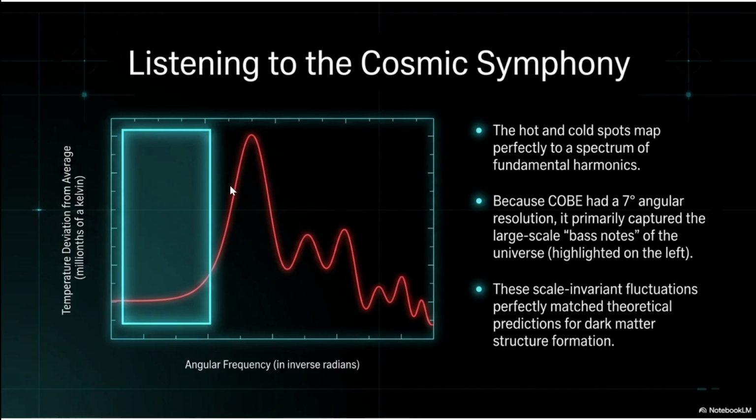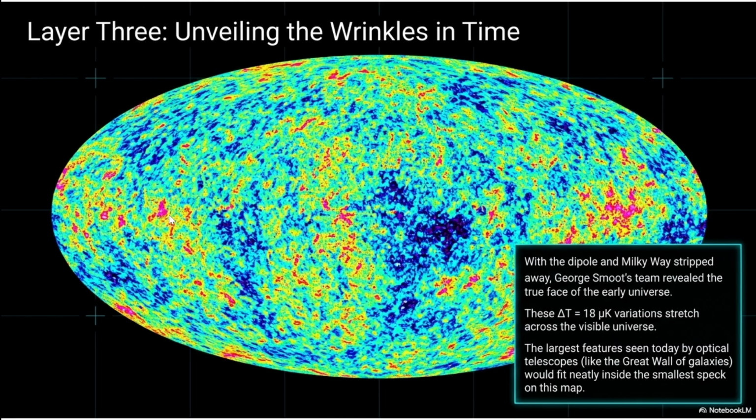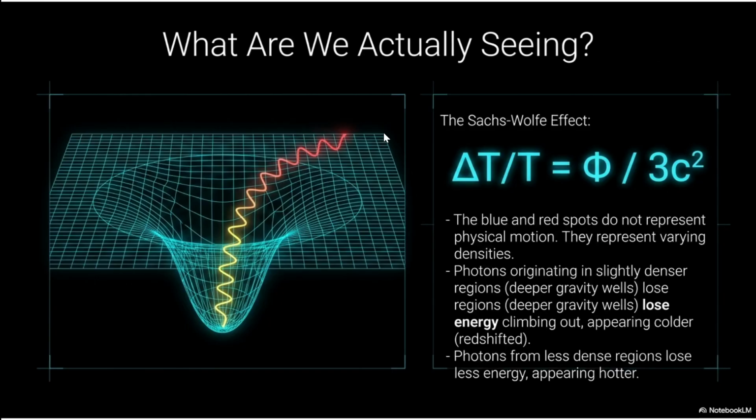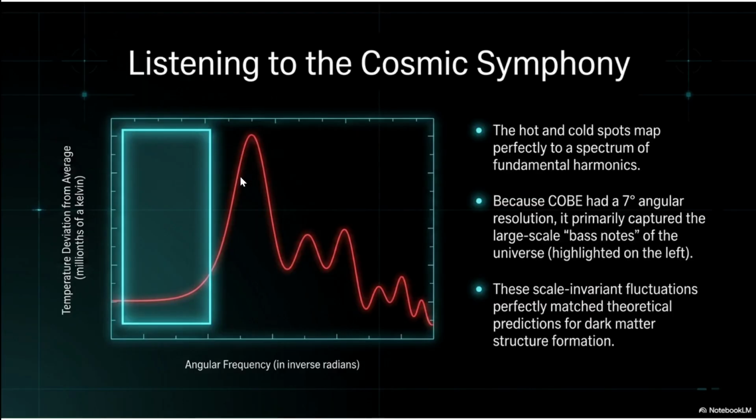And in terms of the angular power spectrum, you might have noticed that there are some regions where there are really big hot spots and really big cold spots, and then some spots that have smaller hot spots, smaller cold spots. That's what's being shown in the angular power spectrum.